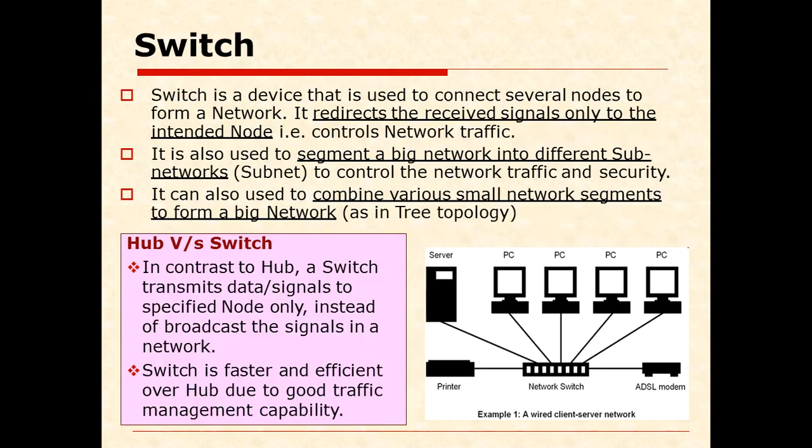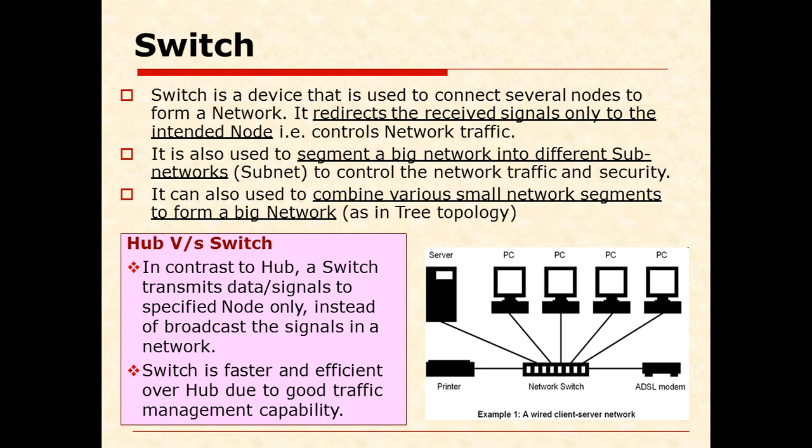And next one is switch. Switch is a device that is used to connect several nodes to form a network. Nodes are also called systems or devices. It redirects the received signals only to the intended node.